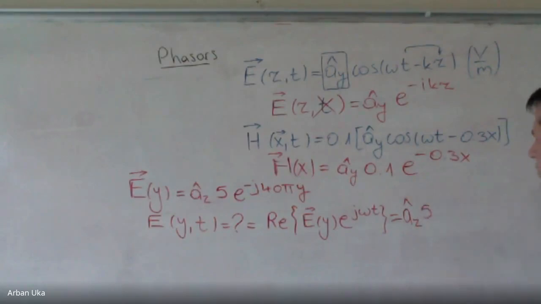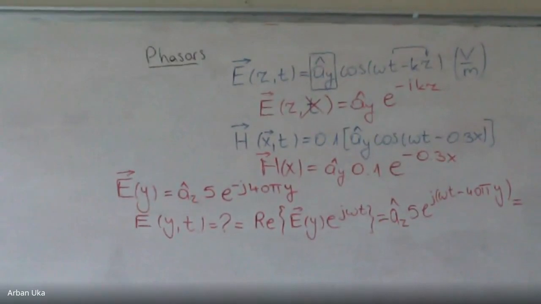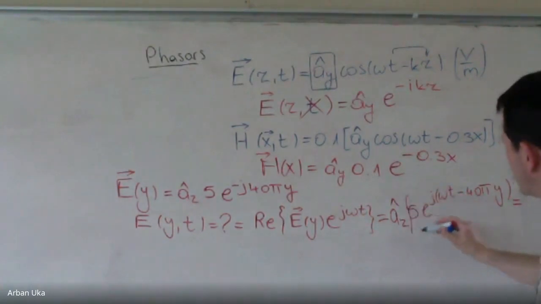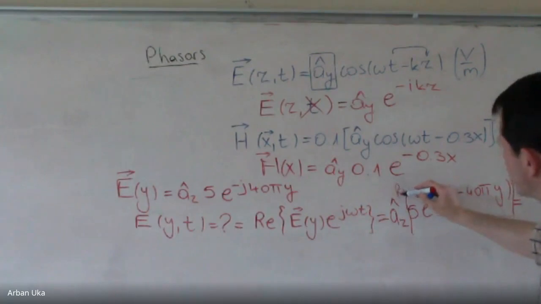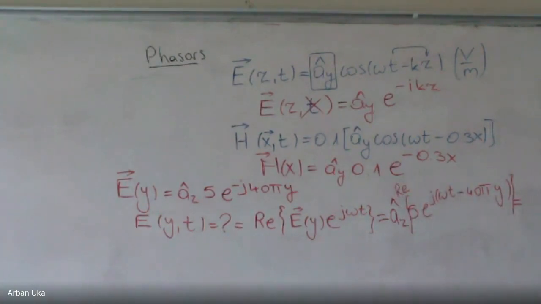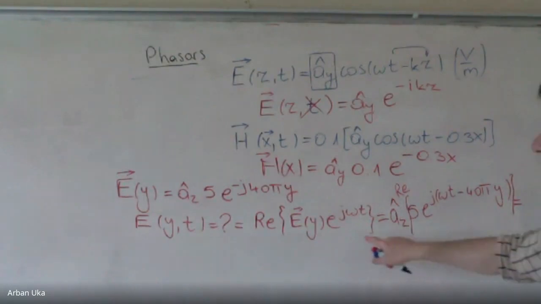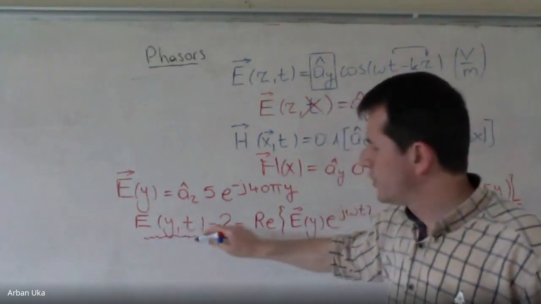Then we have the amplitude, which is 5, and then we have e to the power j omega t minus 40 pi y. This would be the real part, but sorry, we forgot to put the real part here. It's not done yet, right? We need to identify the real part here, because the real-time dependency should include no exponential term.